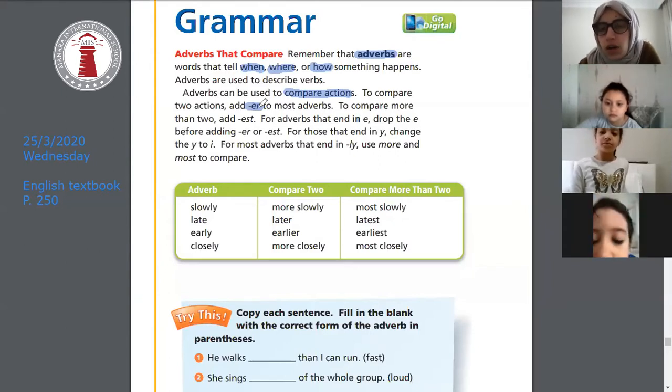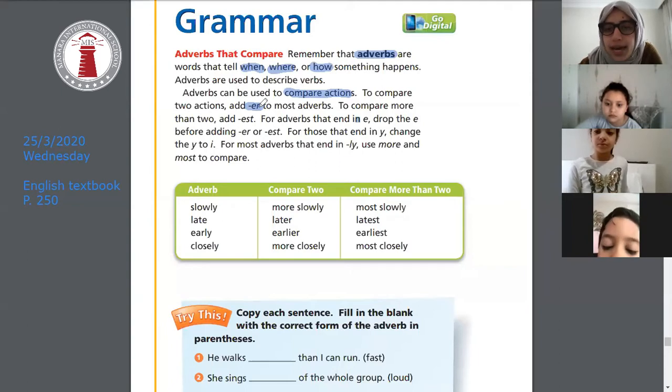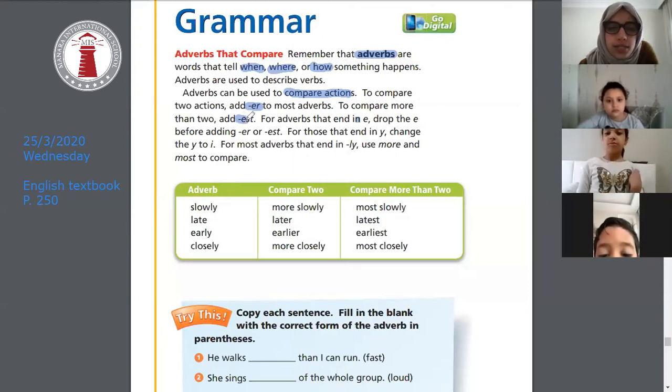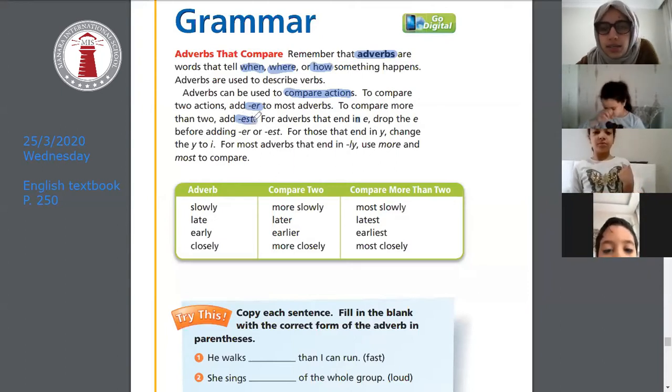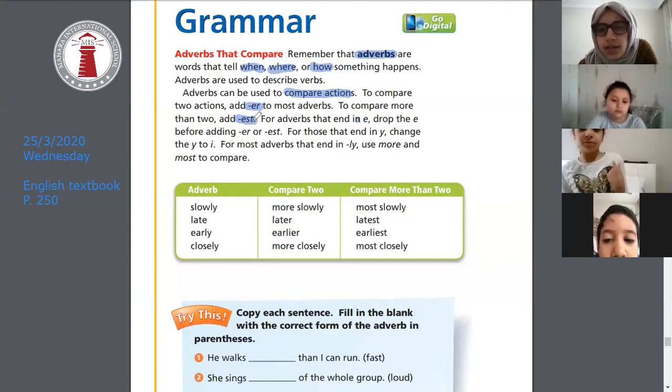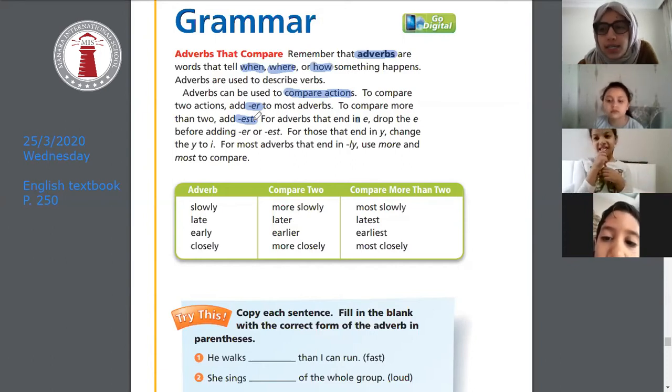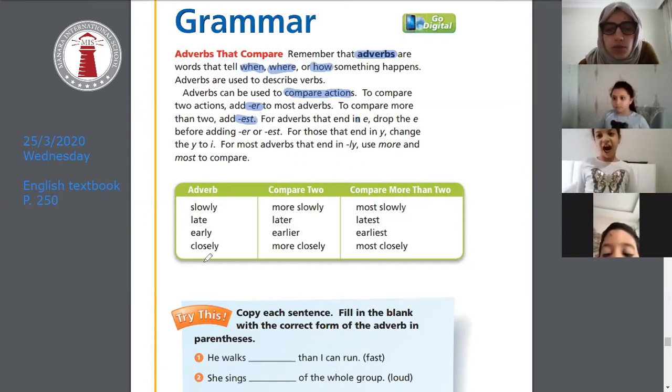Comparatives are words that compare between actions or verbs. We can also use est, and est are letters that make superlatives. Superlatives are, for example, earliest, where we add est. I'm going to give you a lot of examples so you guys can understand.